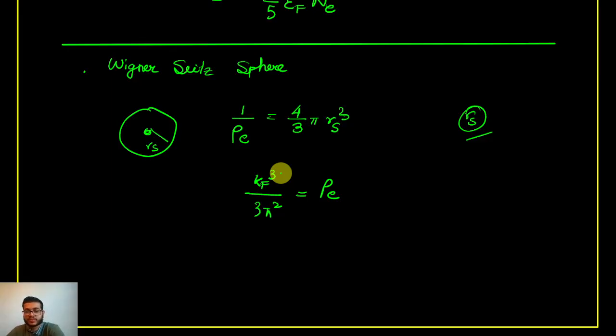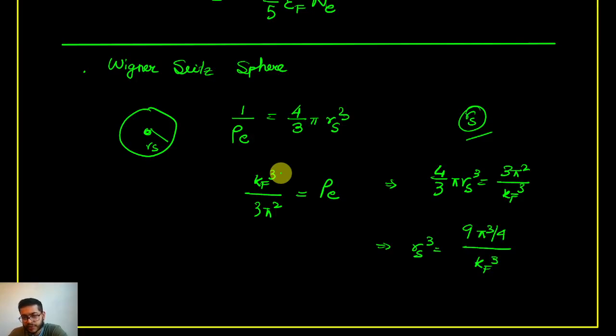and by comparing these two things, what we will get is 4 by 3 pi rs cube is equal to 3 pi square by kf cube. So rs cube is equal to 9 pi by 4 by kf cube, and if we take the cube root on both sides, oops, it's not pi cube, it's pi.